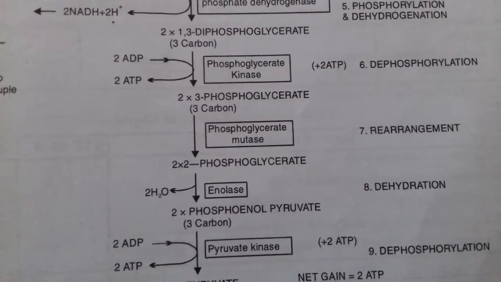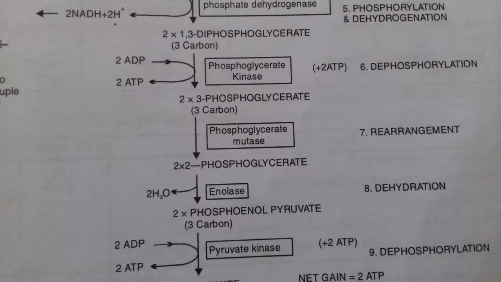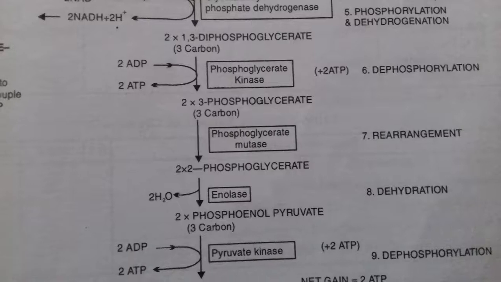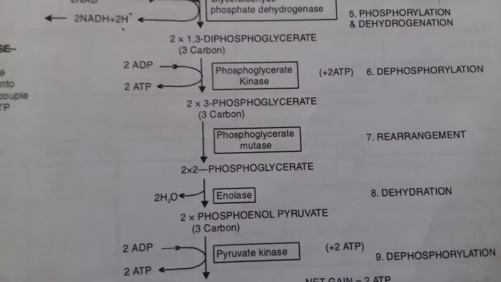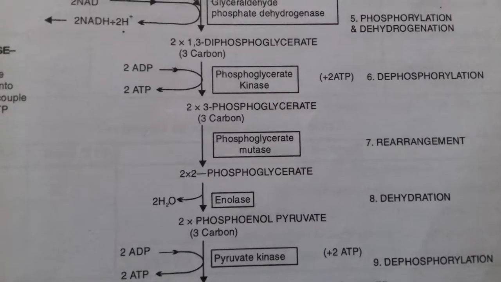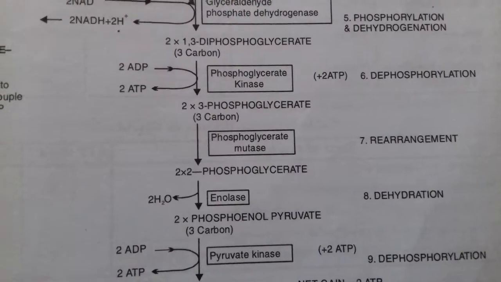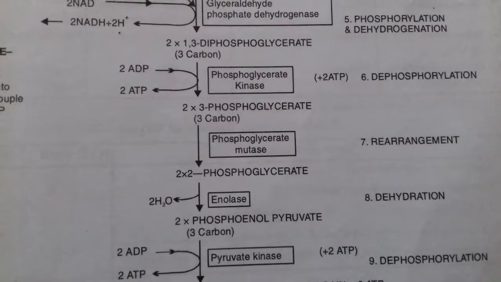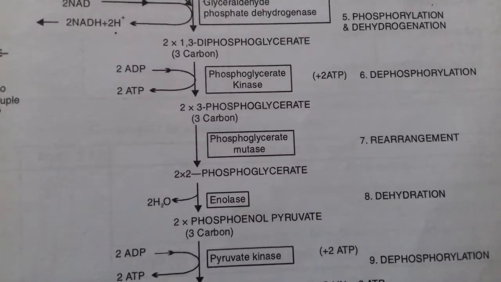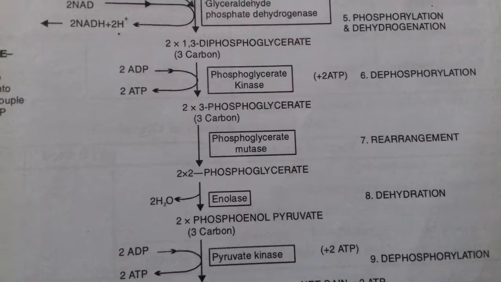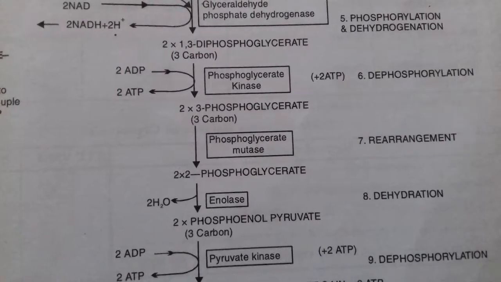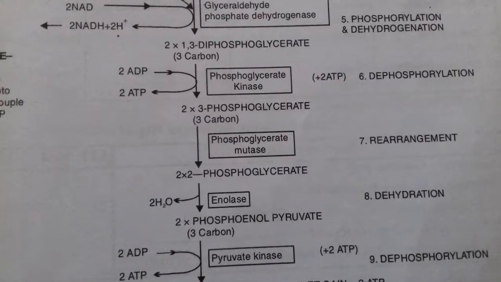So 2 ADPs will come and they will take their phosphates to become 2 ATP. This will happen in the presence of phosphoglycerate kinase, and 1,3-diphosphoglycerate will be converted into 2 of 3-phosphoglycerate.